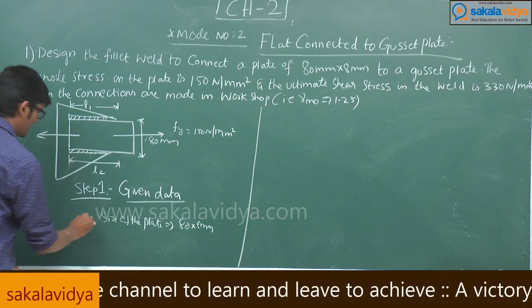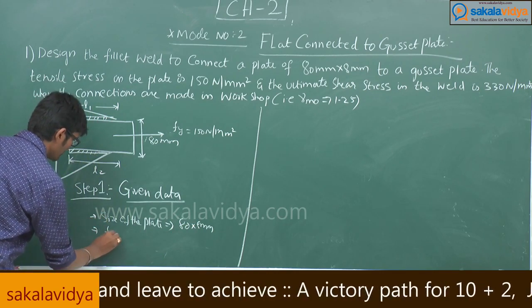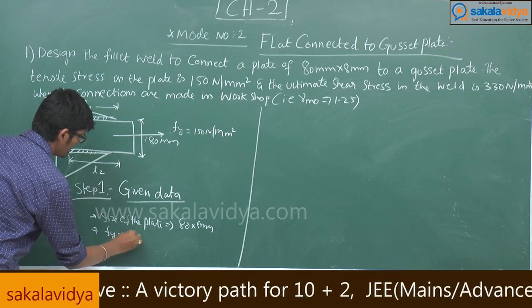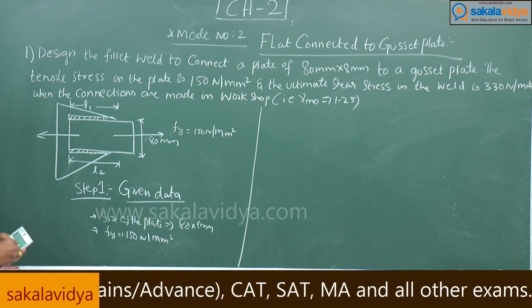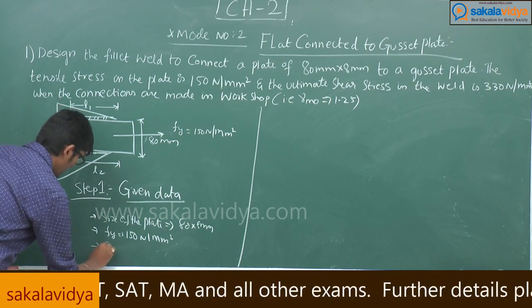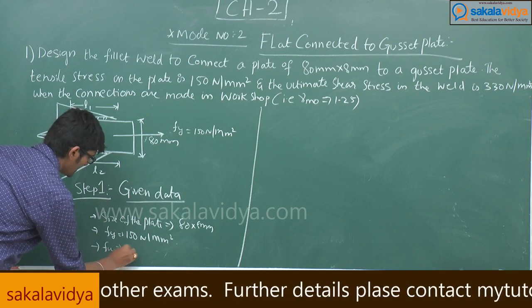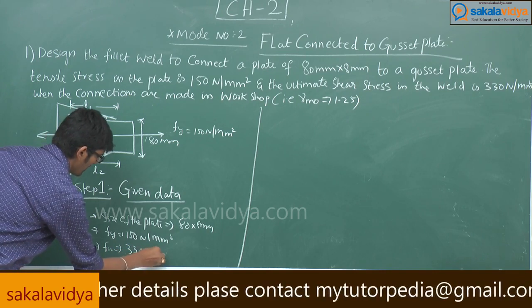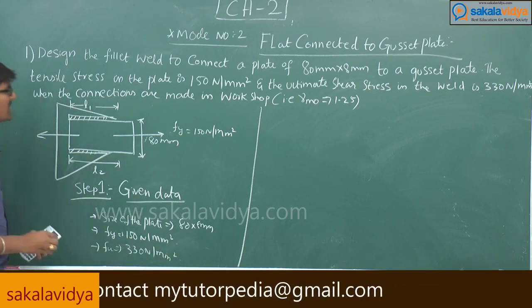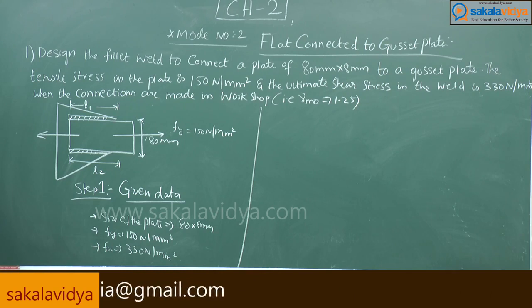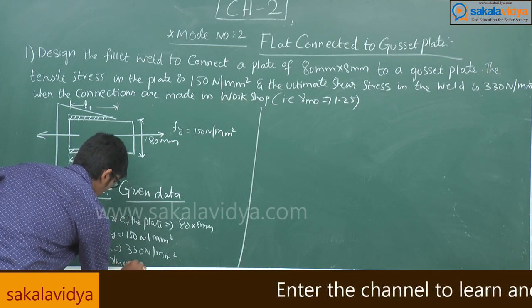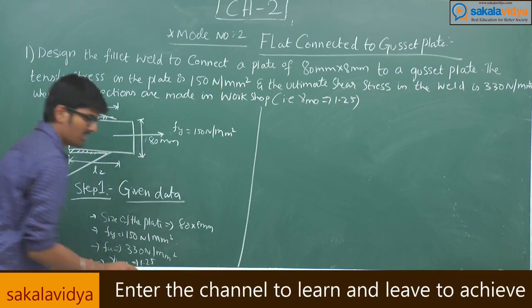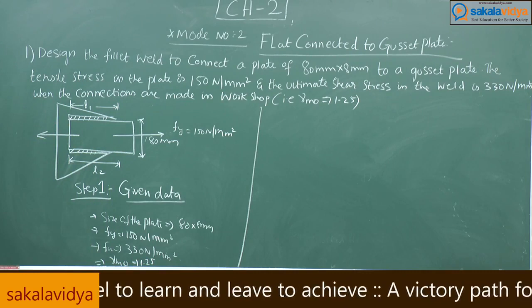Tensile stress, that is Fy, is 150 Newton per mm square. The ultimate shear stress in the weld is denoted with Fu, that is 330 Newton per mm square. What is the partial safety factor? It is assumed that connections are made in workshop, that is gamma is equal to 1.25.